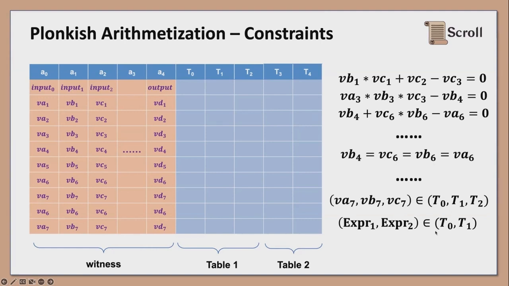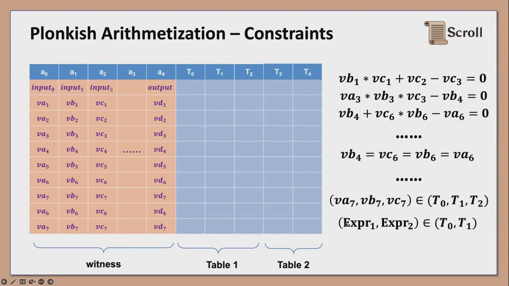And even more flexible than V7, VB7, VC7, in Halo 2 each element in this tuple can be an expression. By expression, I mean that instead of putting V7 here, you can put V4 plus VB4 plus VC4 as one element in this tuple.